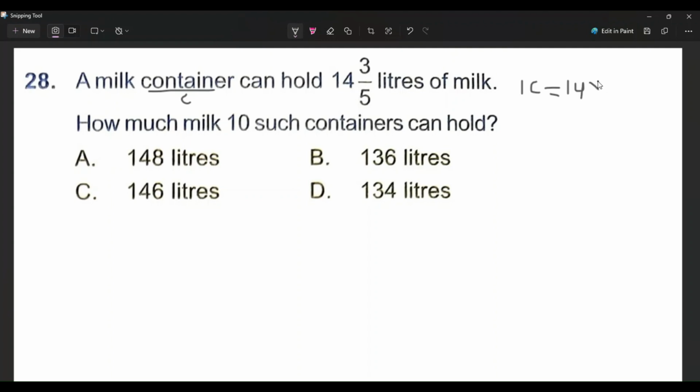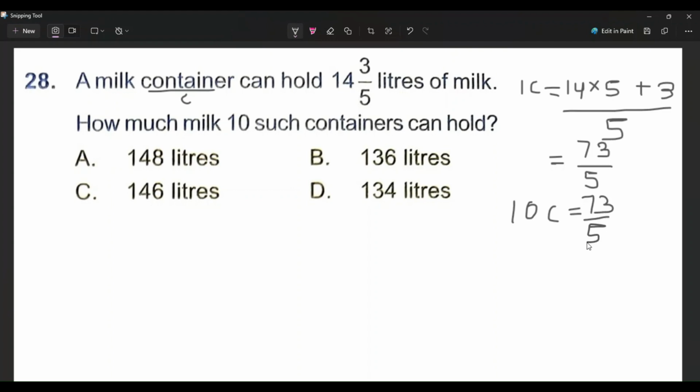So I'm converting it into a fraction first. 5 into 14 plus 3 divided by 5. So 14 5s are how much, children? 70. 70 plus 3 is nothing but 73 divided by 5. How much can 10 such containers hold? Let's find out. 73 by 5 into 10.